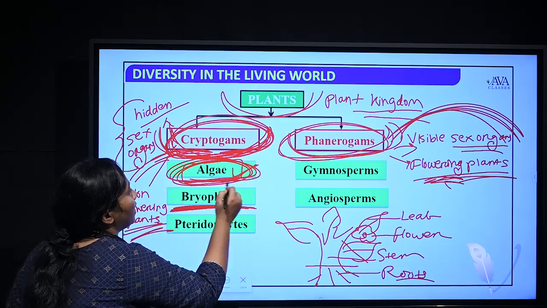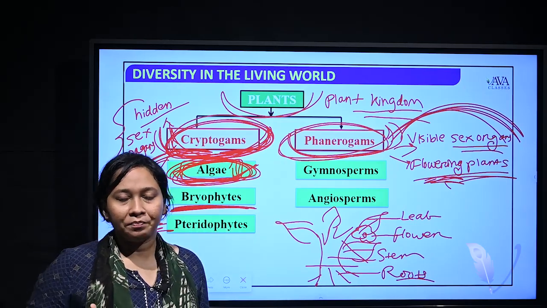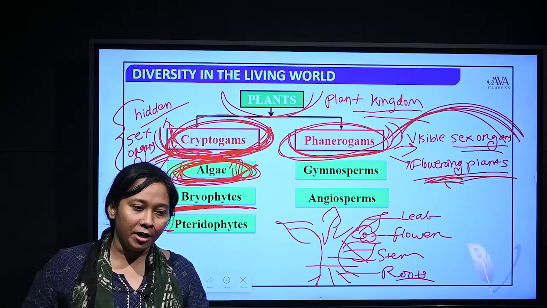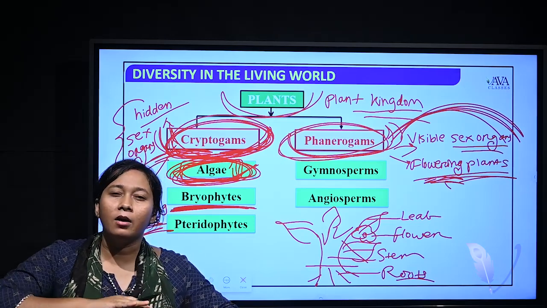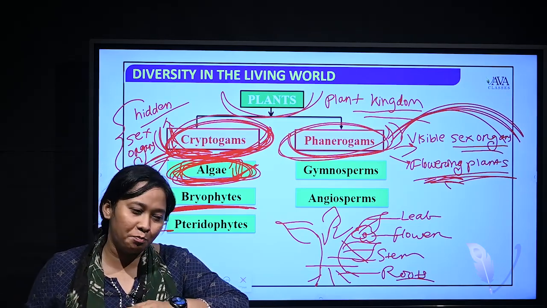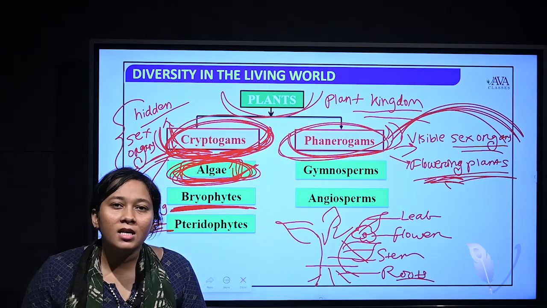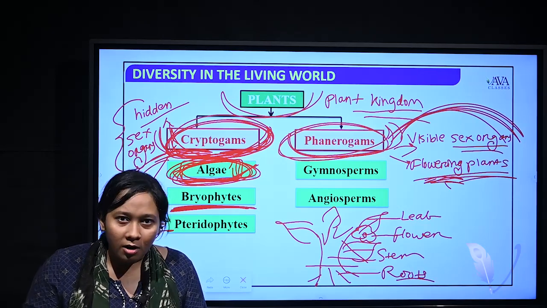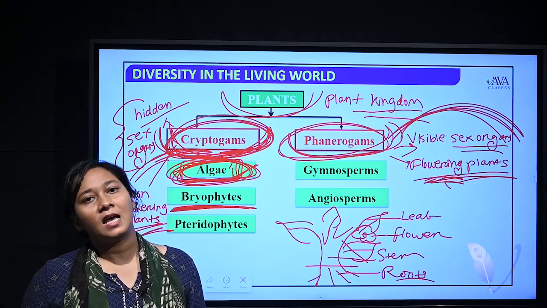Algae. What are algae? Let's see about algae. You might have seen in the rainy season, when walking near a pond, a green carpet-like structure spread over the pond. Do you think those are grasses or herbs? No, they are aquatic plants, that is algae.